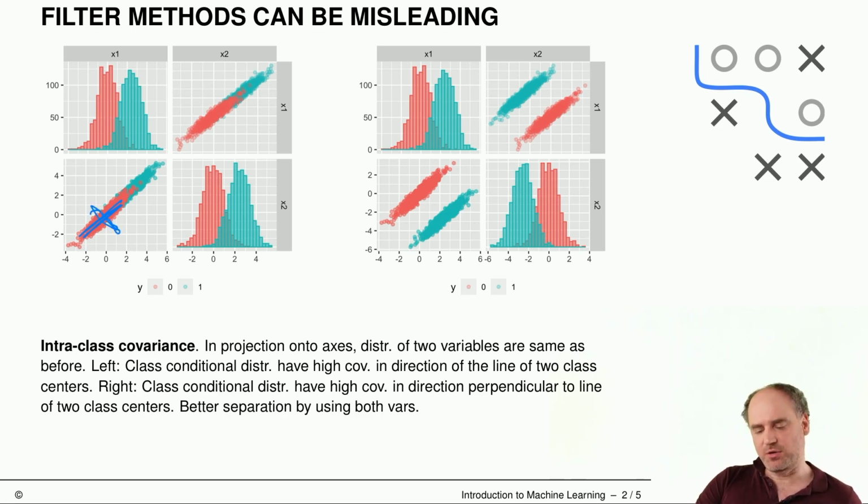And this covariance structure is the same for both classes, and it's the same in both examples. The main thing that's different is how the mean values, so the centers of these Gaussian bumps, are located.